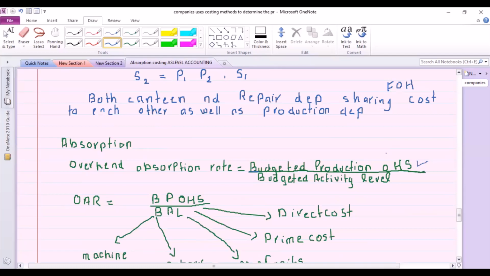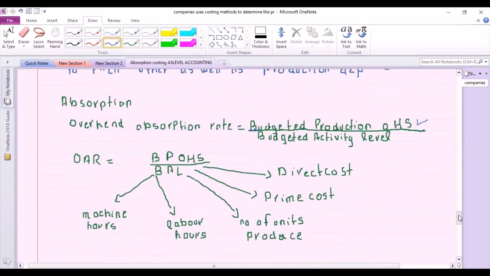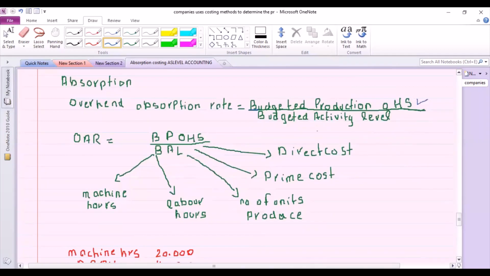Simple. Okay, so we have a formula here: budgeted production overheads divided by budgeted activity level. Budgeted activity level आपके पास बहुत सारी फॉर्म में हो सकती है. In exam, you will have machine hours, labor hours, number of units, prime cost, direct cost as budgeted activity level.